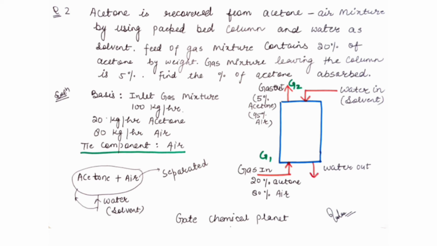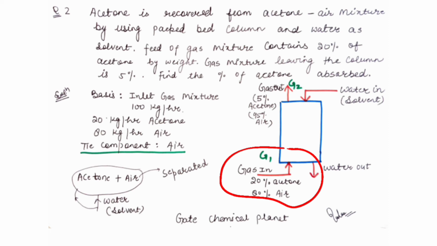Okay, so everything given in the question I have written on the block diagram of the absorption column here. So first we will select the basis. Here the basis is the inlet gas mixture, which is 100 kilograms per hour. It is given that 20% is acetone.